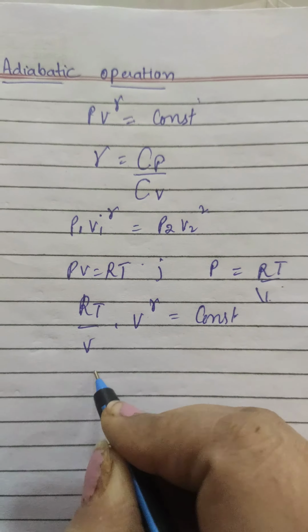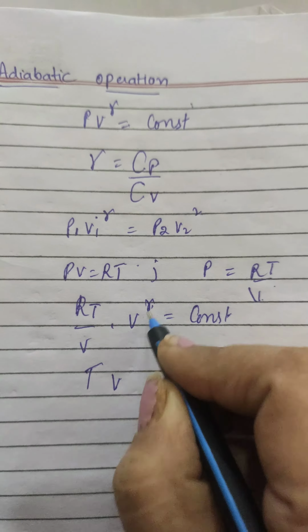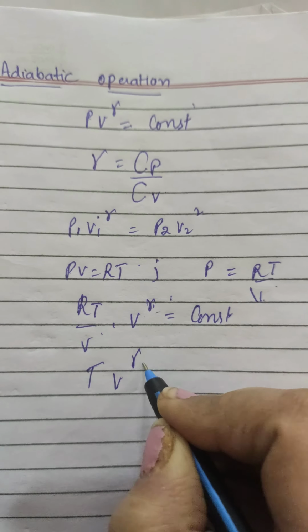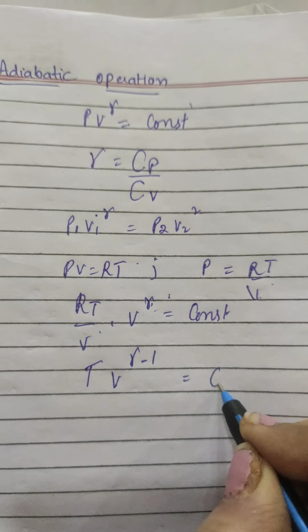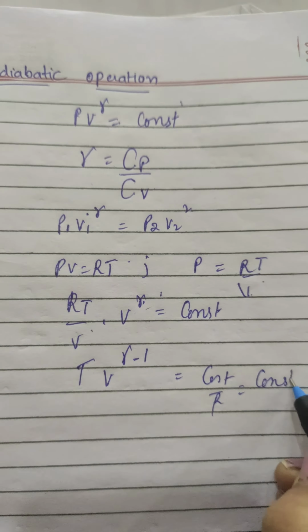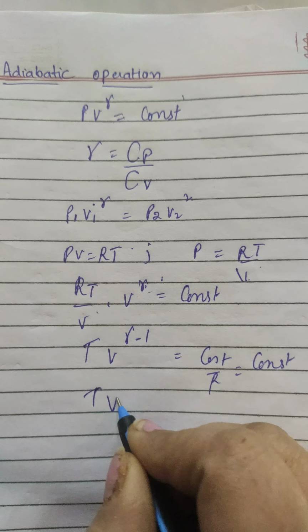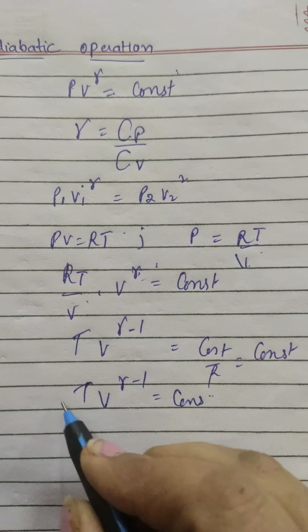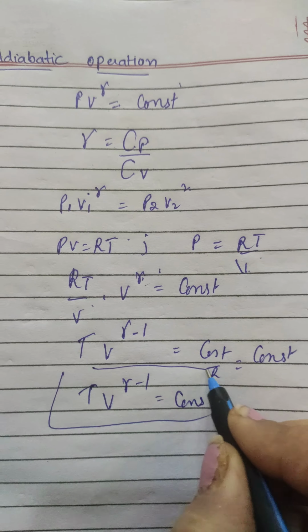Or we can write this as T V to power gamma, with the V in the denominator taken up, becoming minus 1. So this will be T V to power gamma minus 1, which is equal to constant by R, which is again a constant. So T V to power gamma minus 1 is equal to constant. This is the relation between temperature and volume.